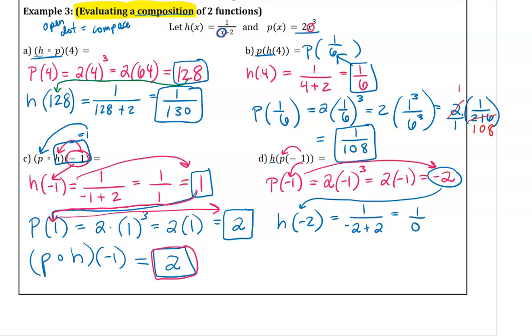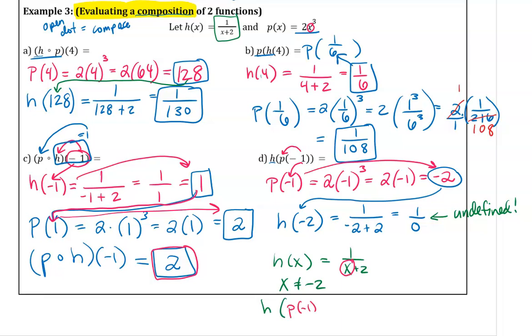And so here I'm running into a bit of a problem, right? This value does not exist. This is an undefined value. Because for the h of x function, the 1 over x plus 2, x can't be -2. Like the input can't be -2. So when I have h of p of -1, when that becomes my input, then that means p of -1 can't be -2.